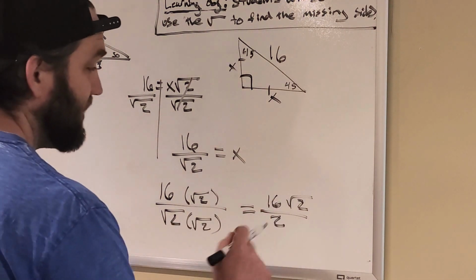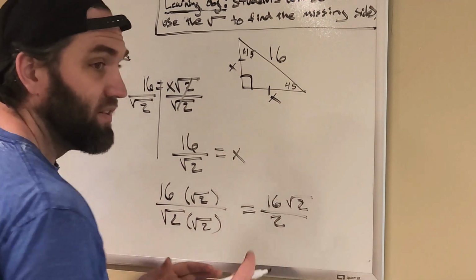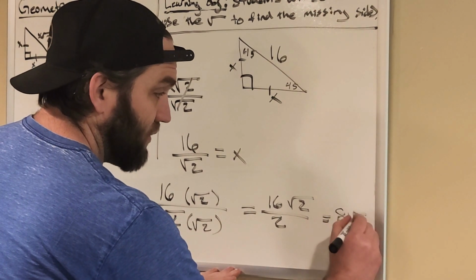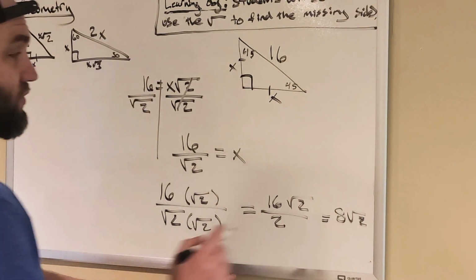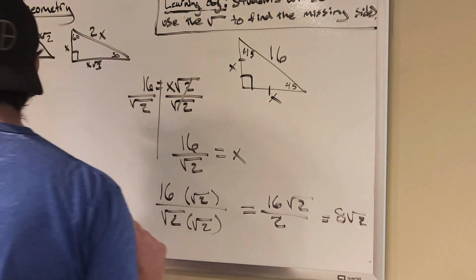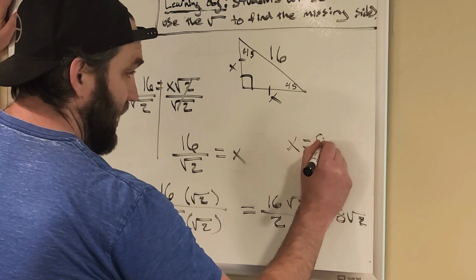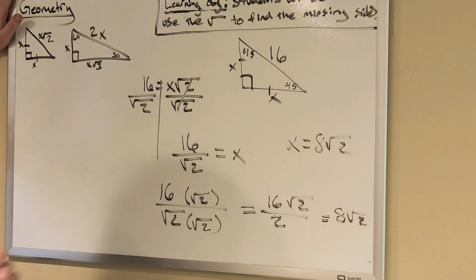The 16 and the 2 simplify, and I end up with 8 square root 2. So 8 square root 2 is my x value. I have x equals 8 square root 2.